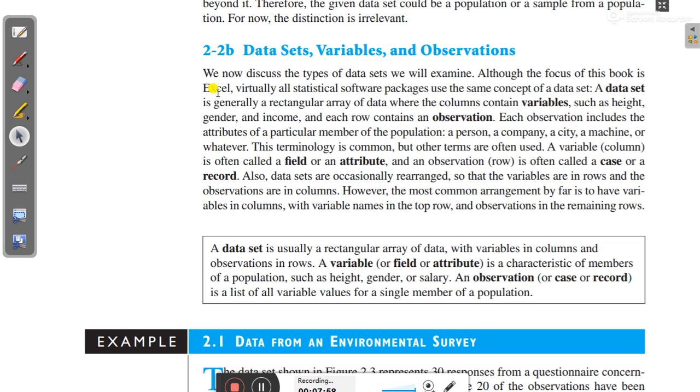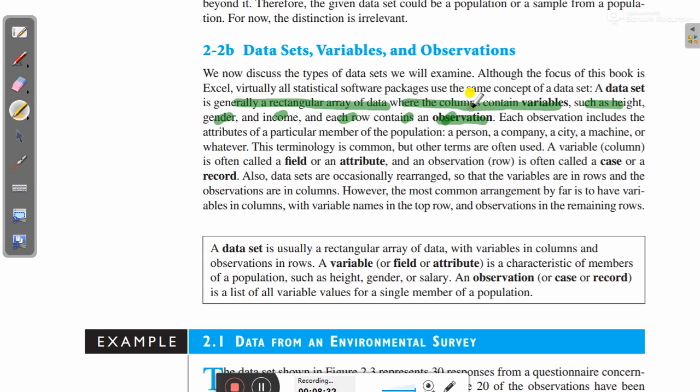The dataset is, here you can see, generally a rectangular area of data, or we can say a chart of data containing lots of arrays of data, where columns contain variables such as age, gender, income, and each row contains an observation.